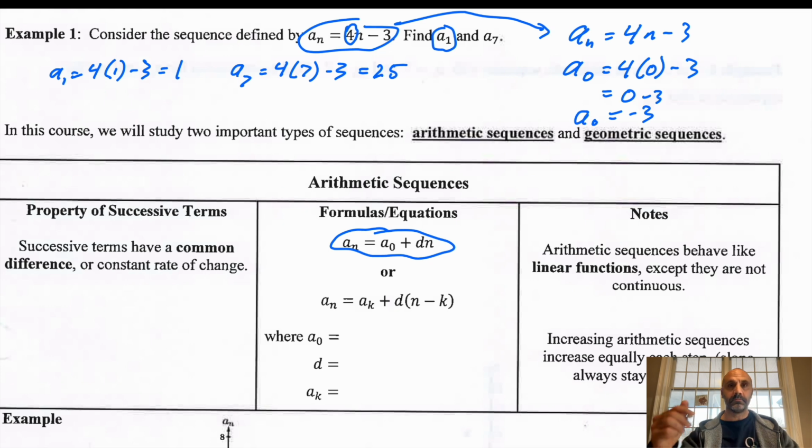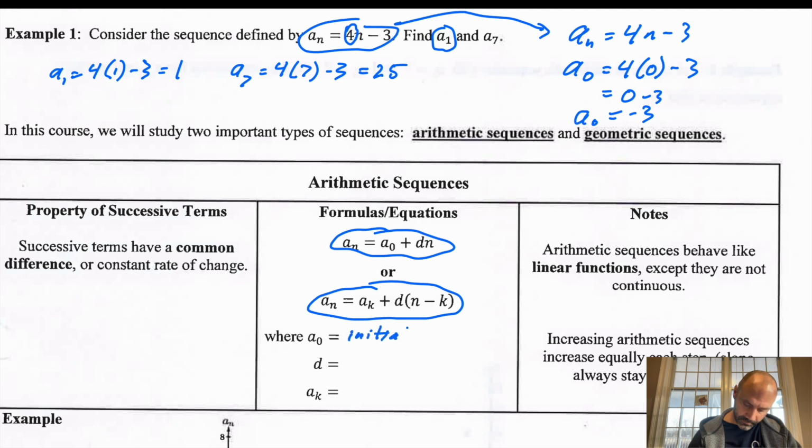If we just have some other term, say the 6th term, then we use this formula: a sub n equals a sub k plus d times n minus k, where k is some other term in the sequence. A sub n is the nth term, d is the common difference, and a sub k is the kth term in the sequence.